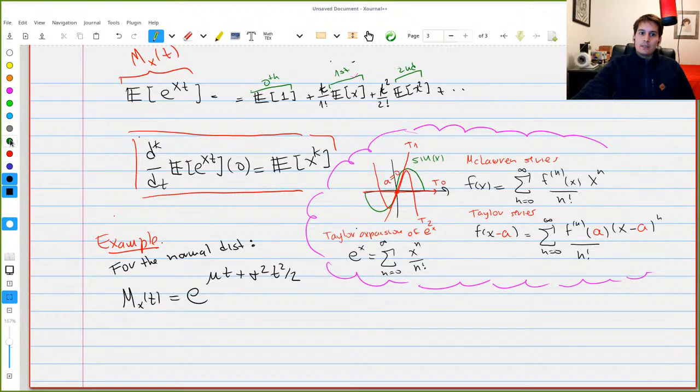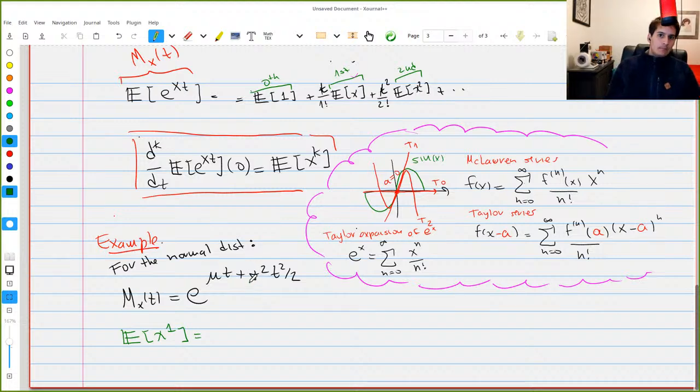So to obtain the first moment, or the expected value of x to the 1, we already talked that we need to do the first derivative of this moment generator function and then evaluate at 0. Let's do that. So e to the x, when we do the derivative, is the same.